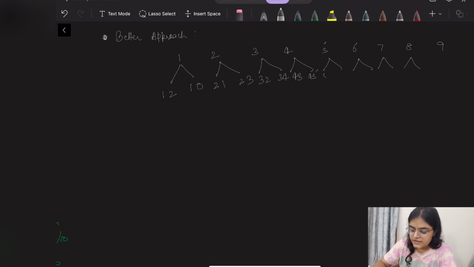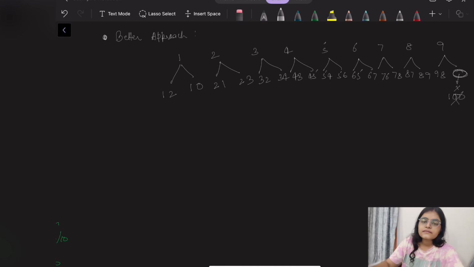For 5 it is 54 and 56. For 6 it is 65 and 67. For 7 it is 76 and 78. For 8 it is 87 and 89. And for 9 we have 98, and the other number doesn't exist for 9, because 910 wouldn't work, right?